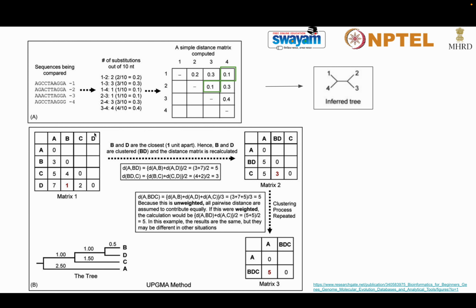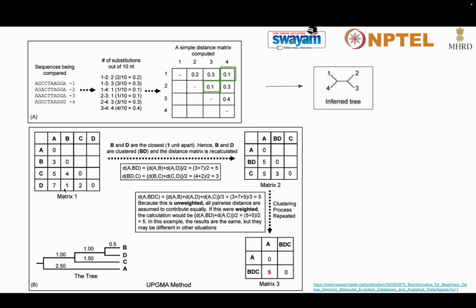Here also there are four sequences in the rows and columns, and these are the scores given. All these matrices are symmetrical matrices, that's why the scores are only placed on one side of the matrix; the other side will have exactly the same scores. Now how will you proceed with this? You will observe the matrix and see which pair has the least value.